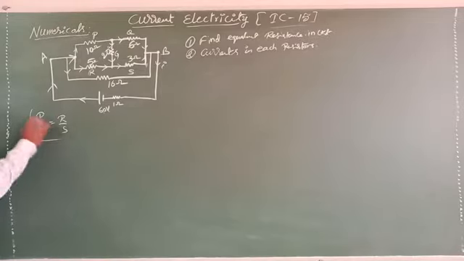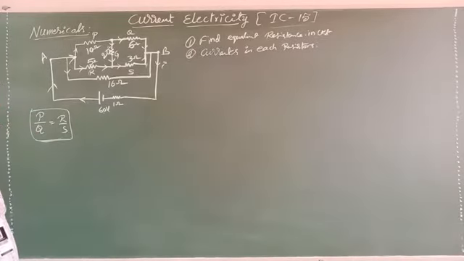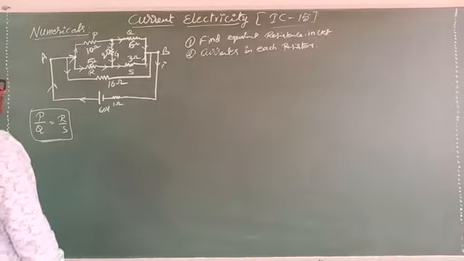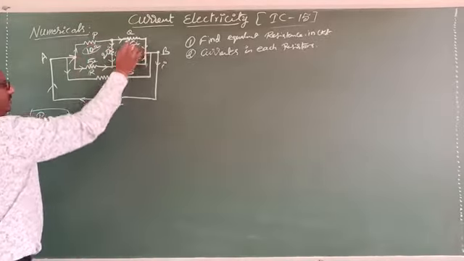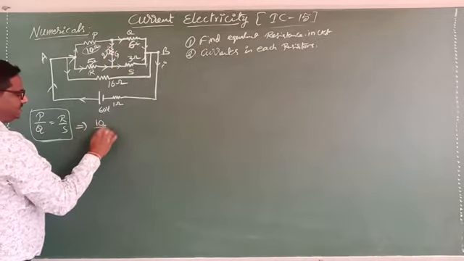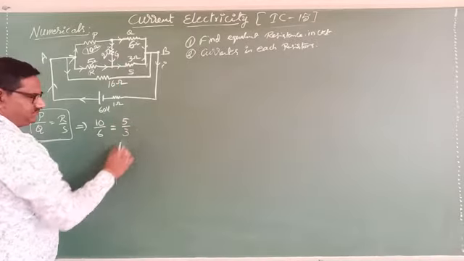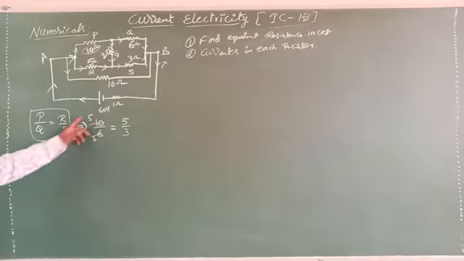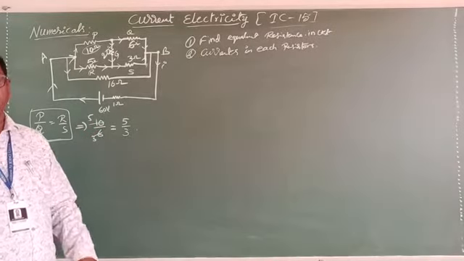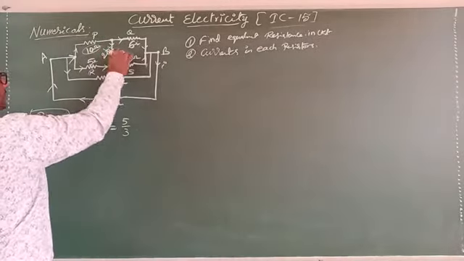If the condition is equal to this one, then through the galvanometer the current will become 0. I understand. So what about the P value? 10. What about the Q value? 6. So 10 by 6 is equal to 5 by 3. Here 5 times, here 3 times. So 5 by 3 equals 5 by 3. Is it equal or not? Equal. If it is equal, then the galvanometer shows 0 deflection.